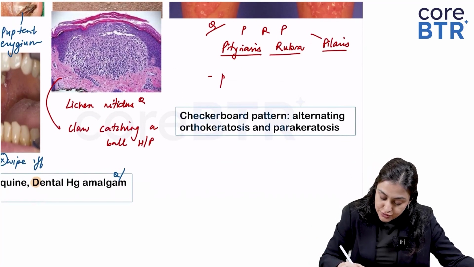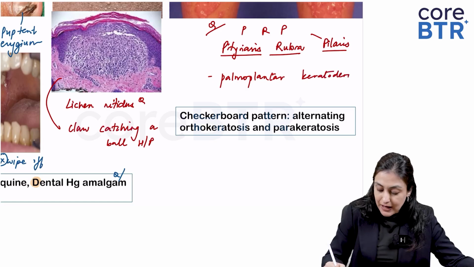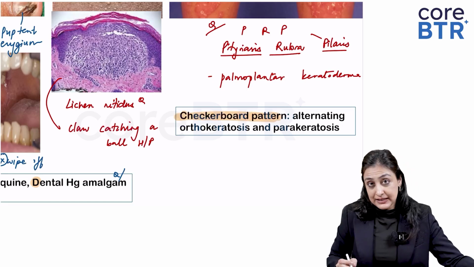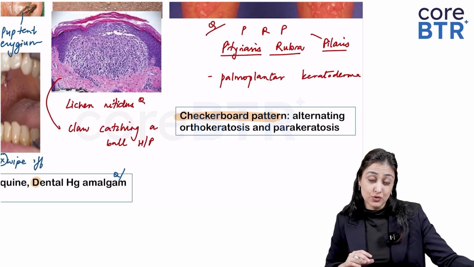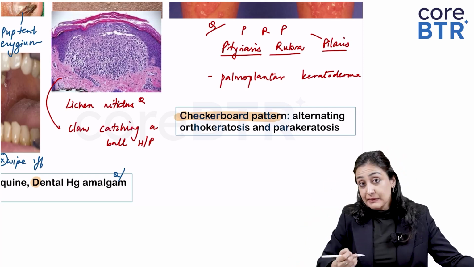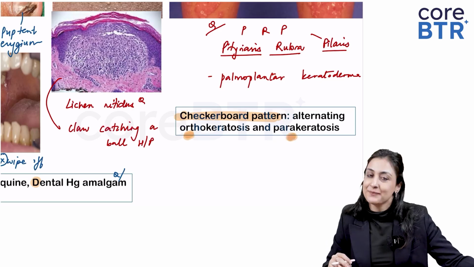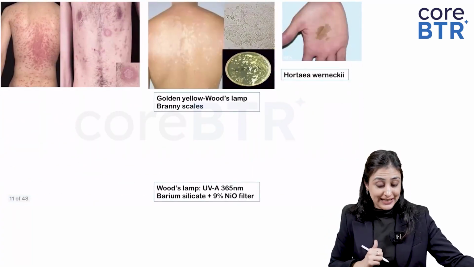This is also associated with palmoplantar keratoderma. You may also have thickening, right, of the palms. You may have checkerboard pattern on the skin, which is called alternating ortho and parakeratosis. So this is checkerboard pattern. So these are buzzwords for PRP.